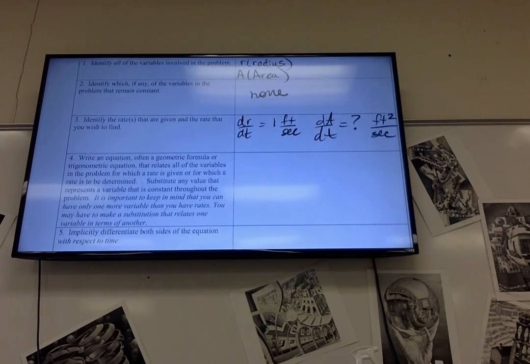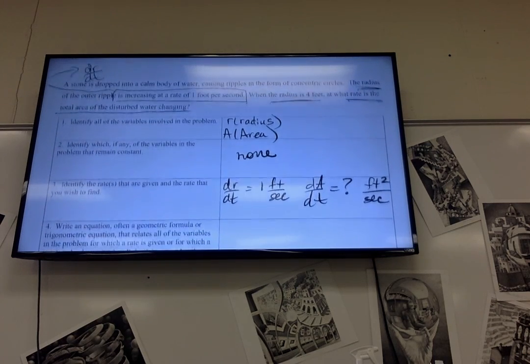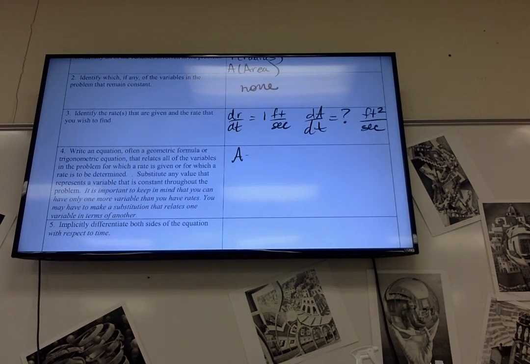So we're going to write an equation. A equals pi r squared. We're talking about a circle, and that circle is getting bigger at a rate of the radius at 1 foot per second.